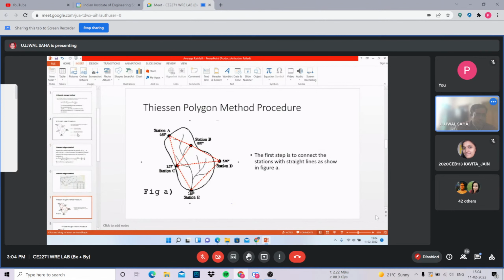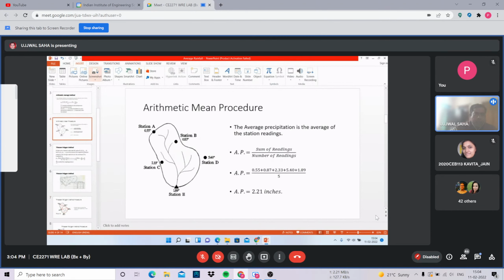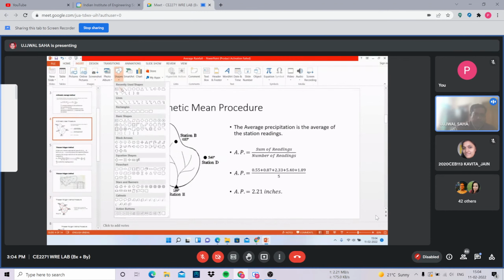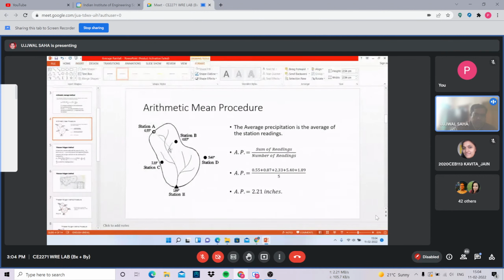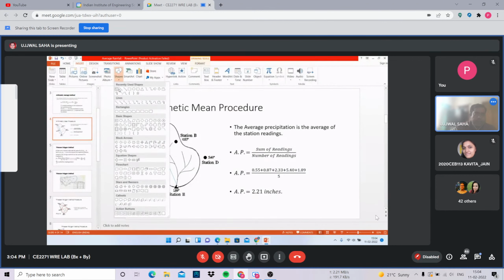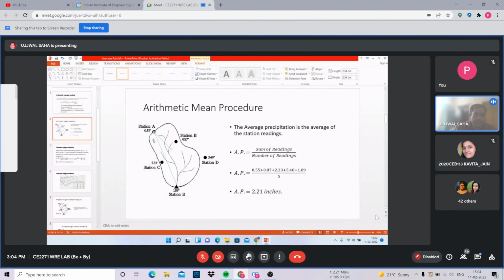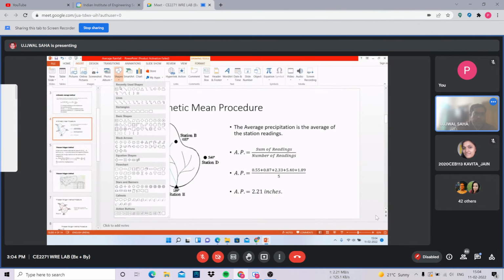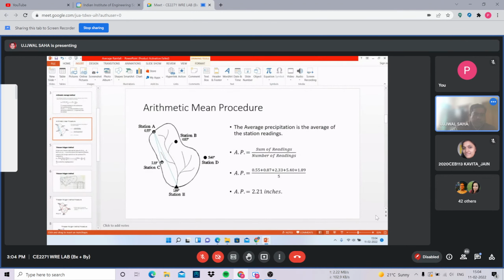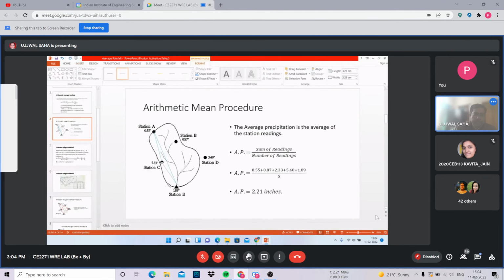I could have joined from this station to this station, then this station to this station, then this station to this station.